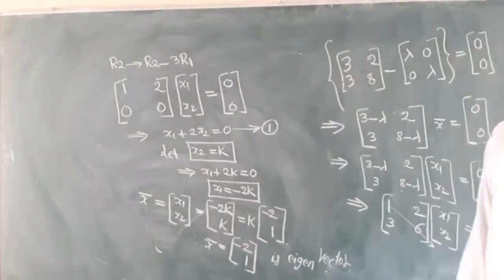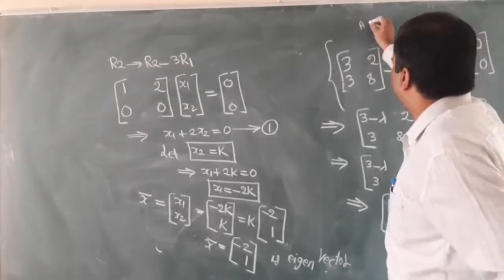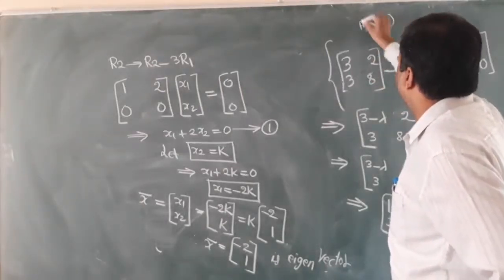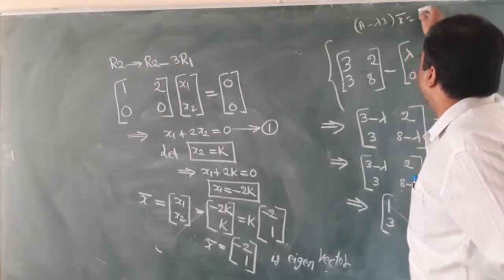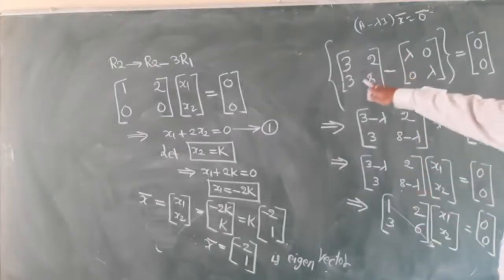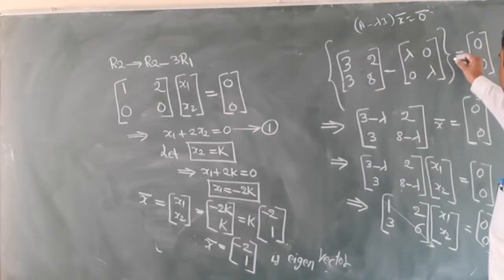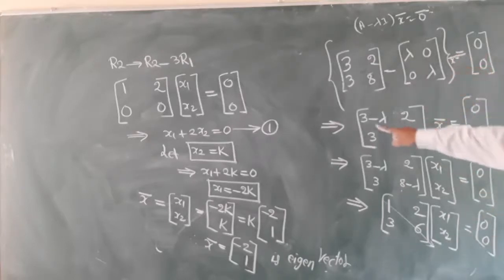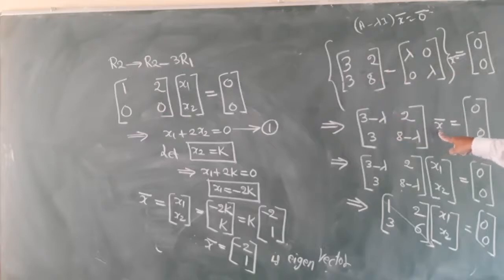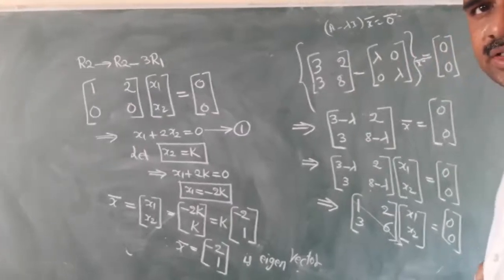Very simple. Actually, the main condition is A minus lambda I times x bar equal to 0 bar, where I is the identity matrix. I forgot to write the x bar. X bar is nothing but the vector we have to find, x1 and x2.